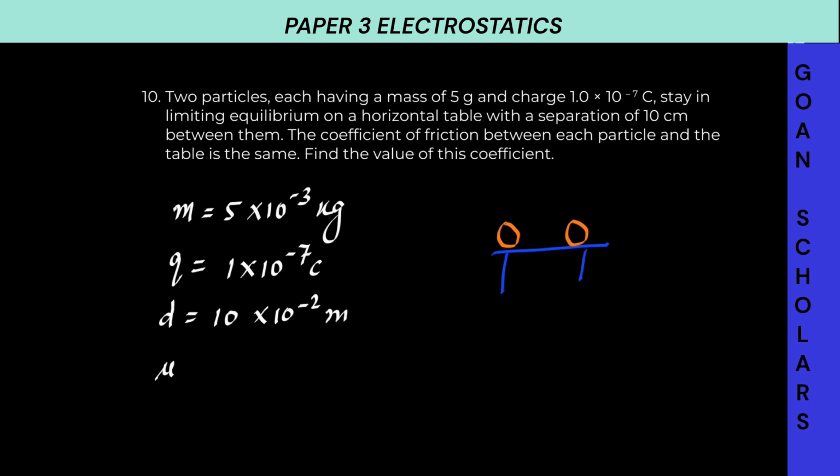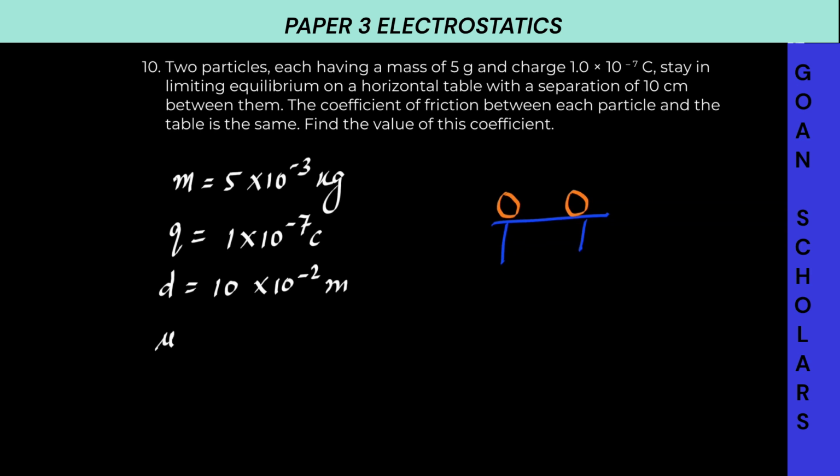Equilibrium means the electrostatic force must be equal to the frictional force, and if that happens, they will be in equilibrium. They will not go anywhere. The question is saying that the friction offered by the surface of this table and this charged object has the same value, coefficient of friction mu.